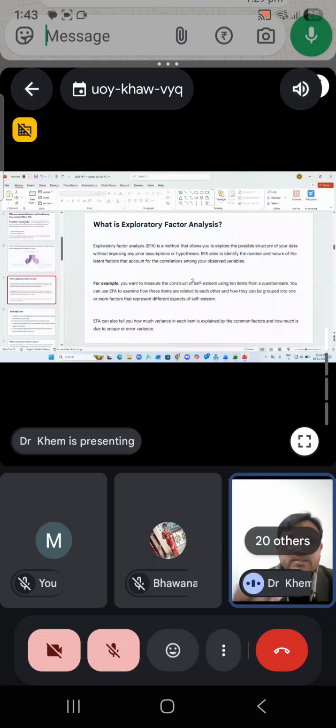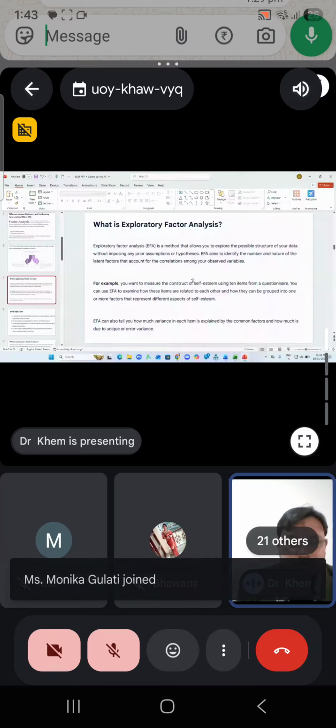We create a hypothesis that there is a significant relationship between increase in smoking and the effect on cancer. So EFA is about exploring something new on the basis of a hypothetical situation and certain assumptions, and on that basis we have to find out whether these are the factors or not. Because I found them on the basis of the review of literature, and on that basis we explore it.